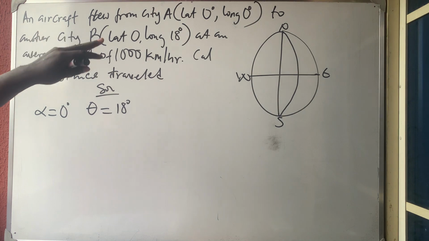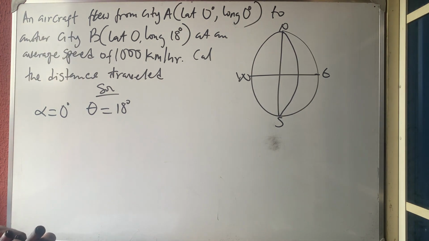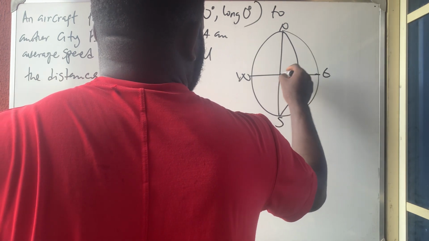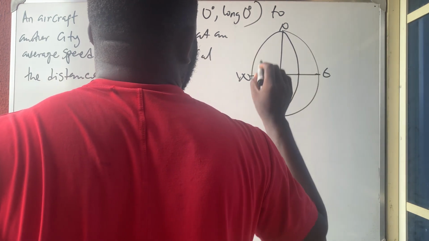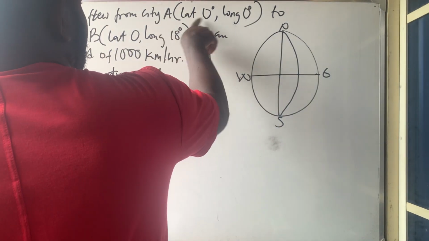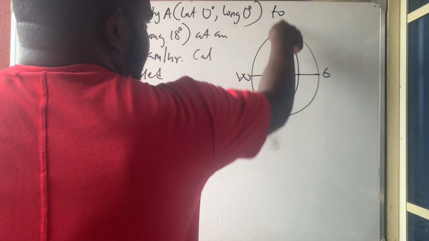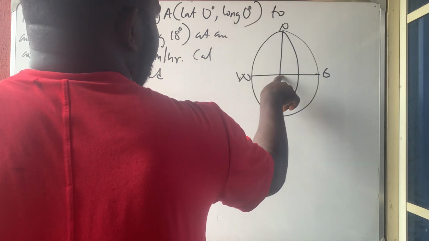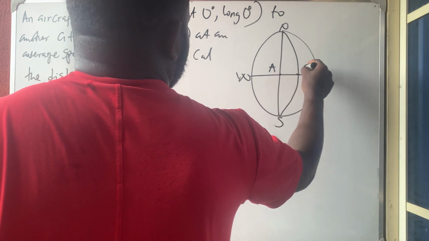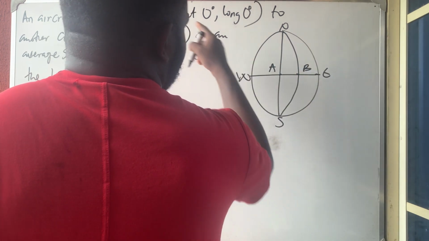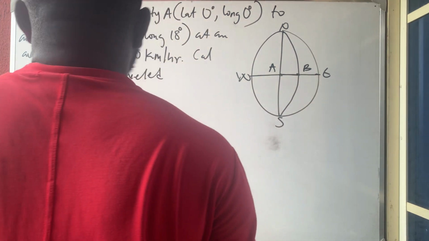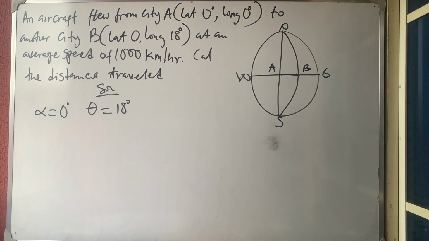Let me say that these are the 2 points at 0. This is my origin. The first one is 0, which is this long line. Now 0 and 0 meet here, so this is my point A. Then 0 and 18 meet here, this is my point B. Since the latitudes are the same, this is distance on a small circle. Are you seeing it? So what do we do now?